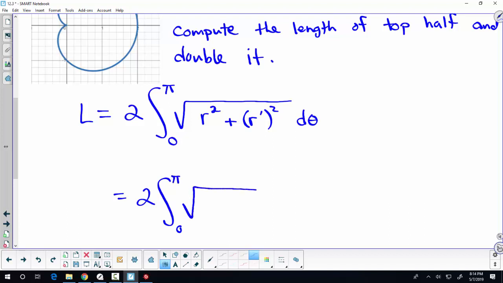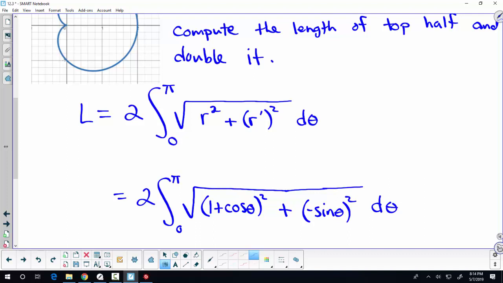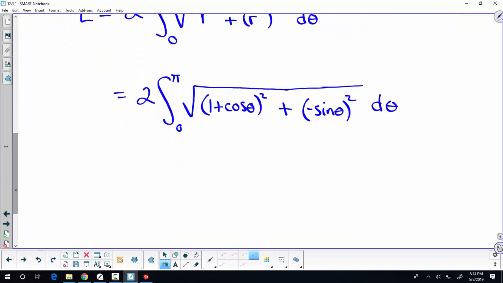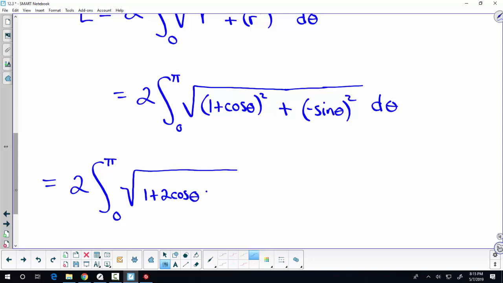So we have the square root of 1 plus cosine theta squared, that's r squared, plus r prime squared, minus sine theta squared. We expand that once again, 1 plus 2 cosine theta plus cosine squared plus sine squared.